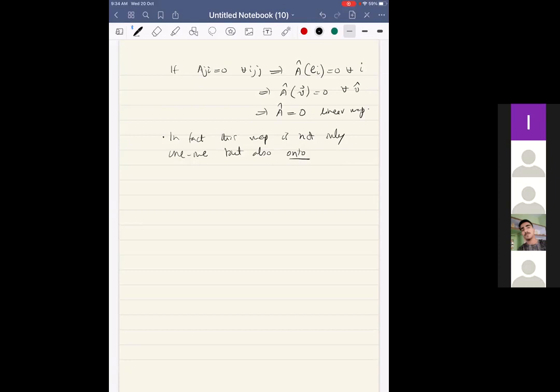So to prove this, we show how to associate to every m cross n matrix A a linear map A hat from n cross 1 to m cross 1 in such a way that this is the inverse of the earlier map.